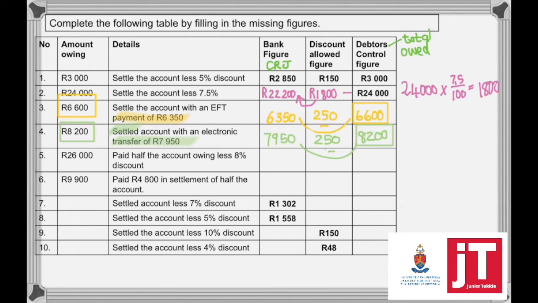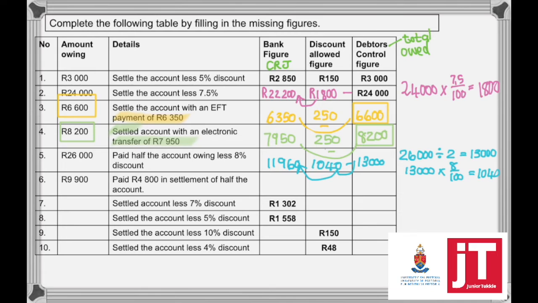Number 5, 26,000 Rand was the amount owing, but they have to pay half the account owing less 8% discount. So first I need to find half. Half is 13,000. Then take 13,000 times 8%. That's 1,040, to give us a total paid of 11,960. Same with number 6, 9,900, paid 4,800 in settlement of half the account.